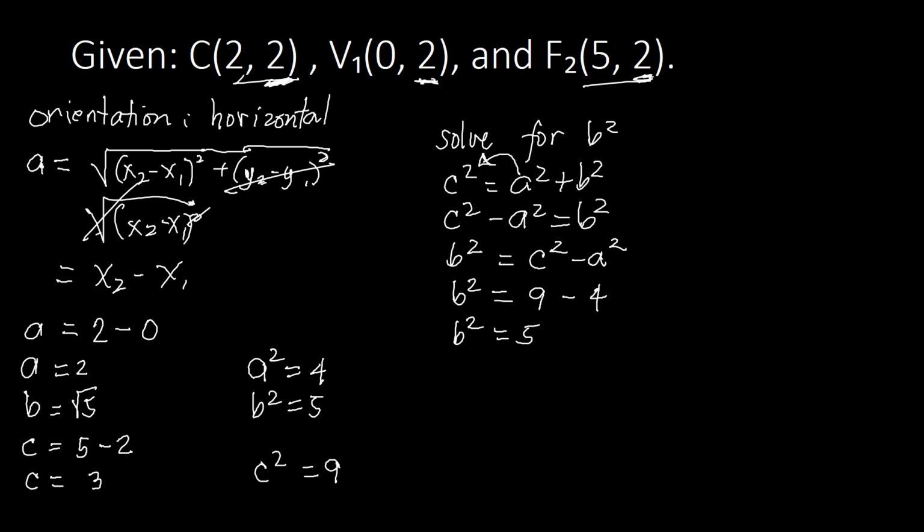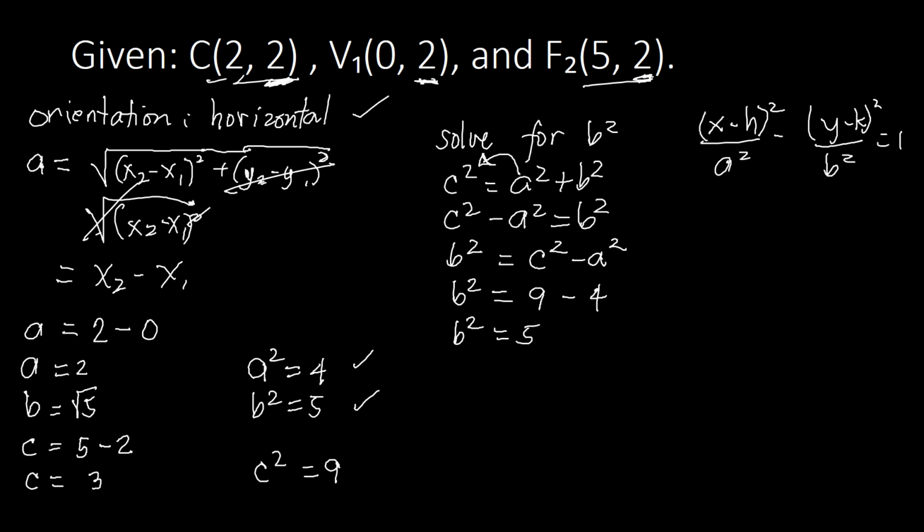Okay, so we are now ready to write our standard equation because we now have the center, the orientation, our a squared, and our b squared. Let's now write. Our orientation is horizontal, so we'll start with x minus h squared over a squared minus y minus k squared over b squared, equal to 1.